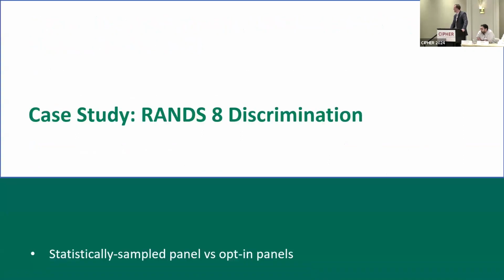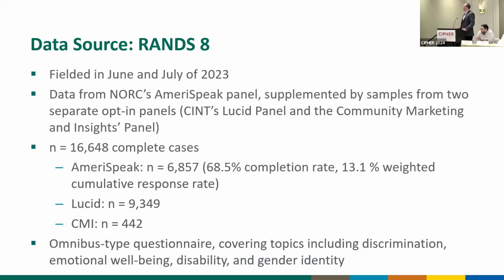Okay, so the case study here is one of our most recent rounds of RANDS 8. We fielded it last July. As I mentioned, this comes from AmeriSpeak, and the primary panel that we use was AmeriSpeak.